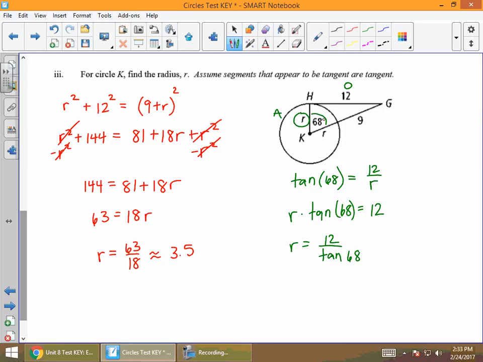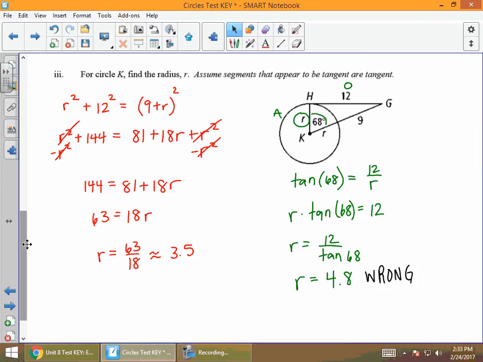And if I do 12 divided by the tangent of 68, I find a radius of something real close to like 4.8. And we know it can't be 4.8 because if I were to plug that back in, then Pythagorean theorem would not work. So this, I did give credit for in green, but this answer is actually a wrong answer. It is not going to work, not because you did the math wrong, because the problem itself is wrong. That 68 just should not have been in there. We should not have put that in there at all.